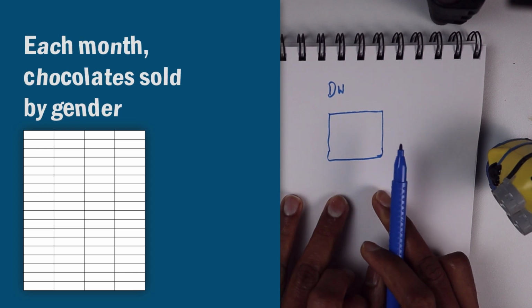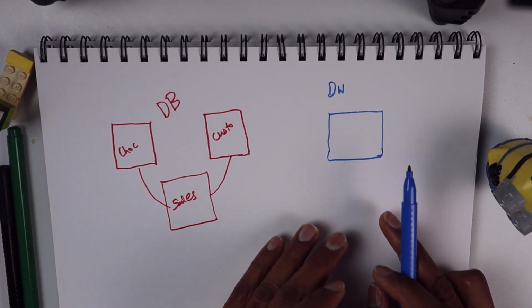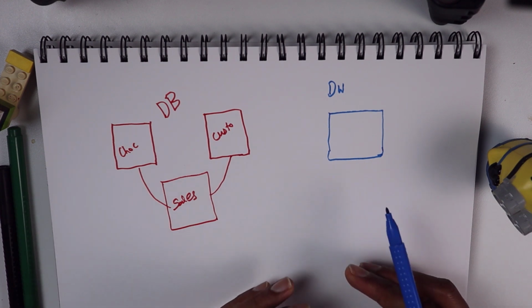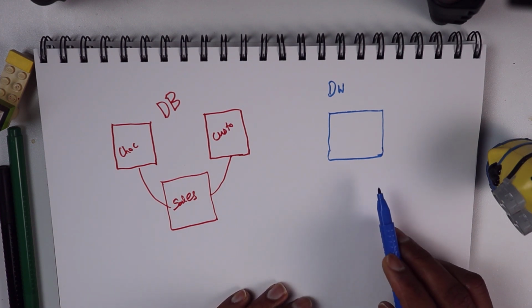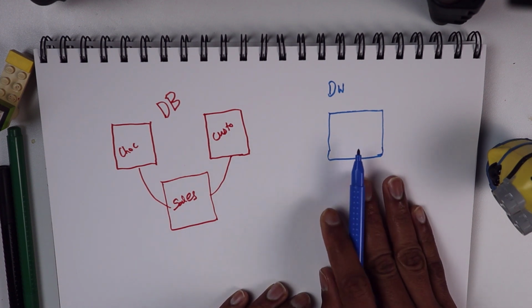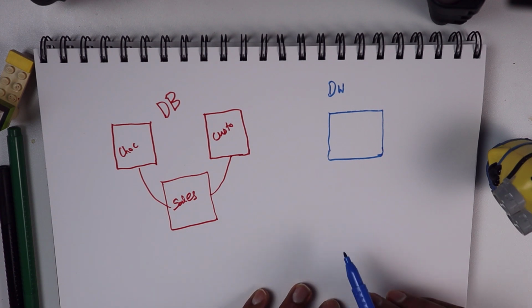The purpose of this table here is that you could then use it and figure out some trends and maybe do some additional analysis and decide on what sort of discounts to offer, what sales promotions to run, etc. So a data warehouse is a special type of a database that is used for reporting purposes.